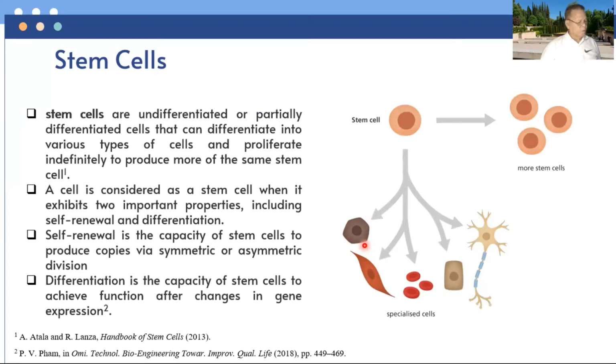All stem cells can self-renew, make copies of themselves, and differentiate, develop into more specialized cells. There are three main types of stem cell: embryonic stem cell, adult stem cell, and induced pluripotent stem cell.